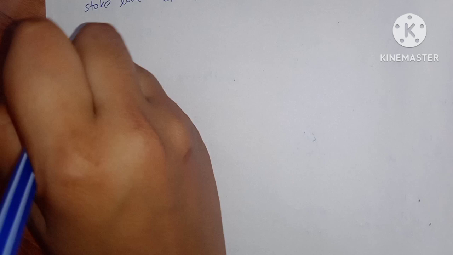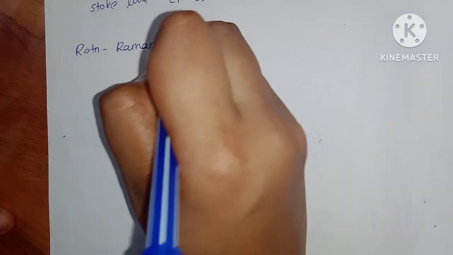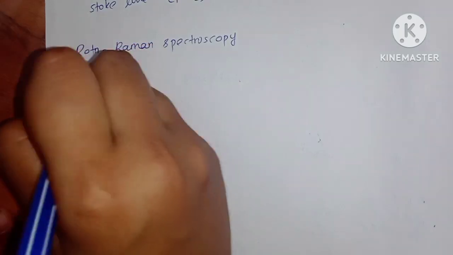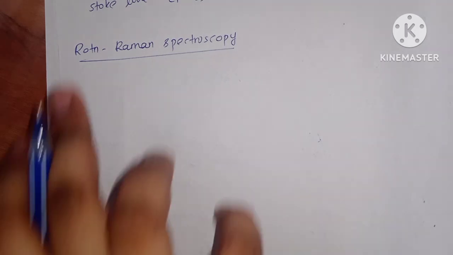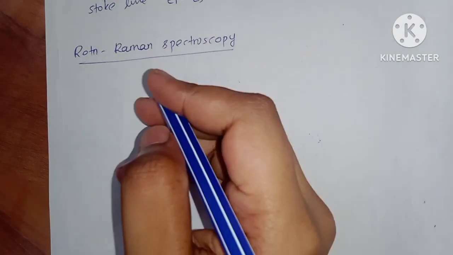Next we are going to study rotational Raman spectroscopy, that means rotational spectroscopy and Raman spectroscopy in a combined form. Here we have to study the selection rules for rotational Raman spectroscopy.